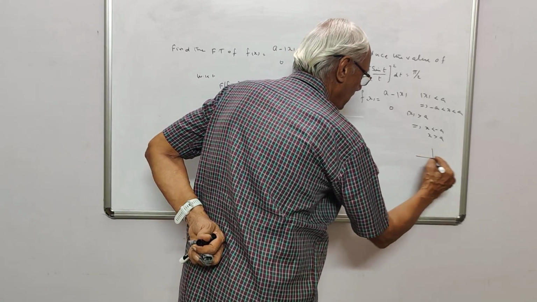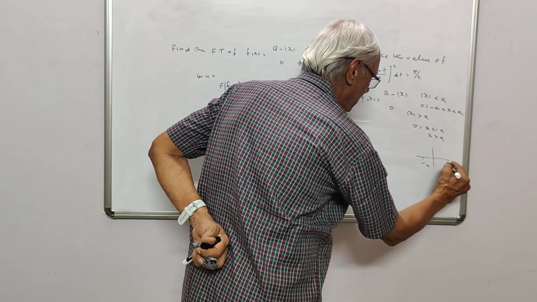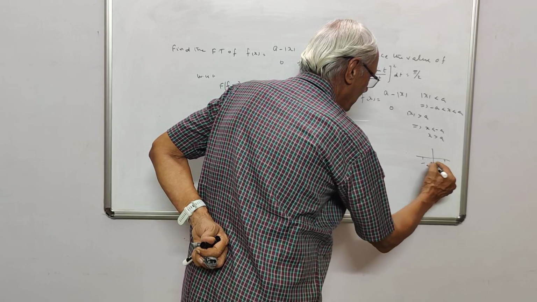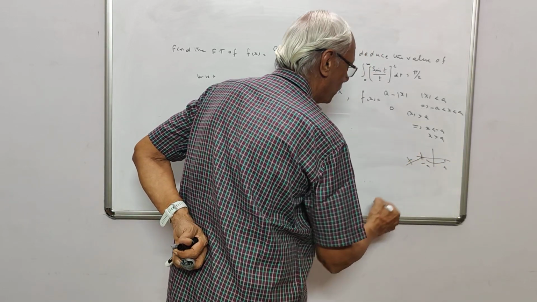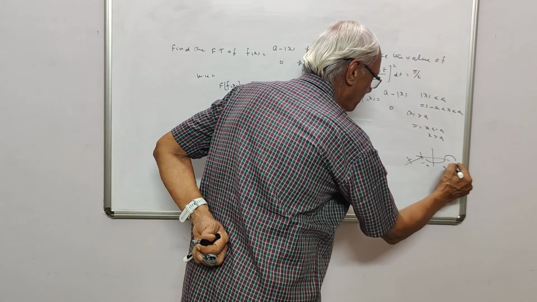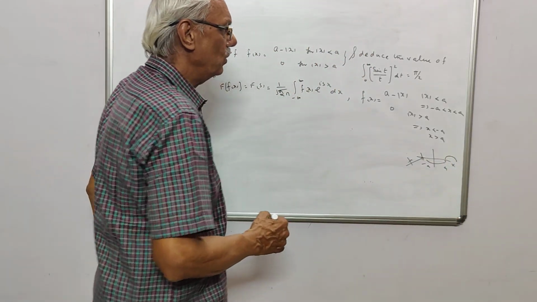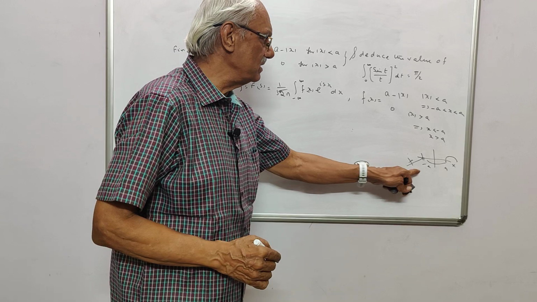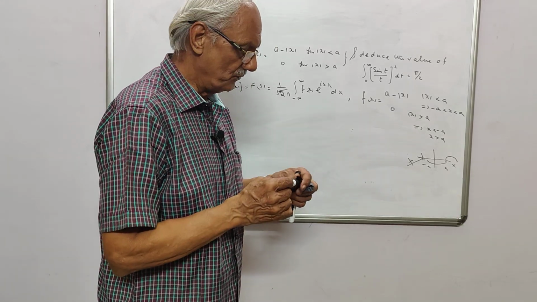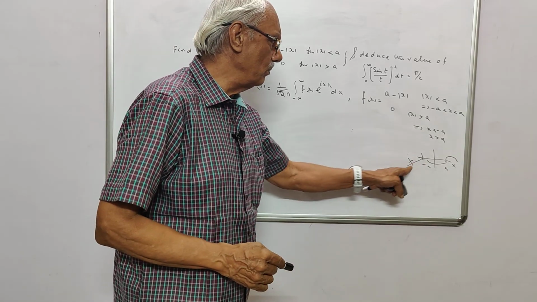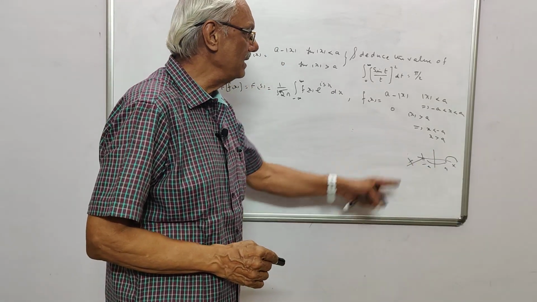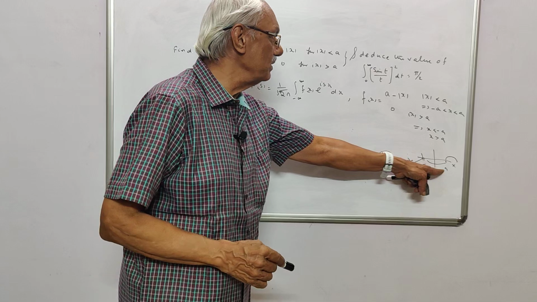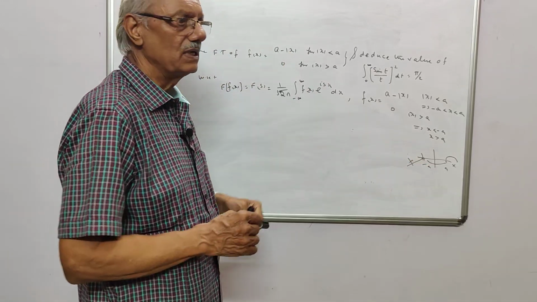That means here minus a, here plus a, here only the function is defined. Below minus a and above plus a it is not defined, so the function is 0. The function is 0 below minus a and above plus a, and it is defined in between.